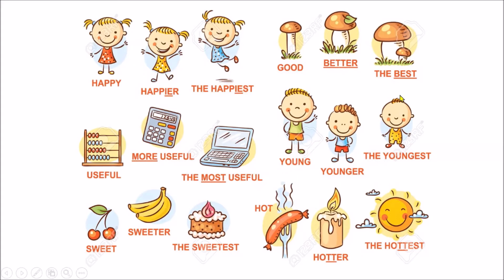Good, better, the best. Useful, more useful, the most useful. Young, younger, the youngest. Sweet, sweeter, the sweetest. Hot, hotter, the hottest. But when do we use all these words and what are the rules? So I am just going to tell you in detail now.